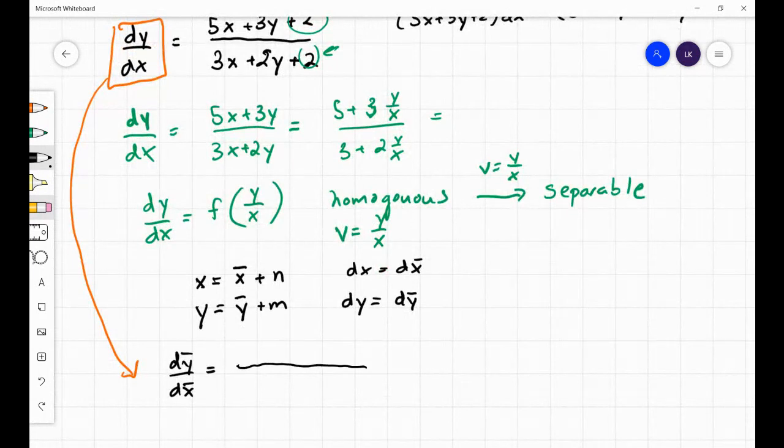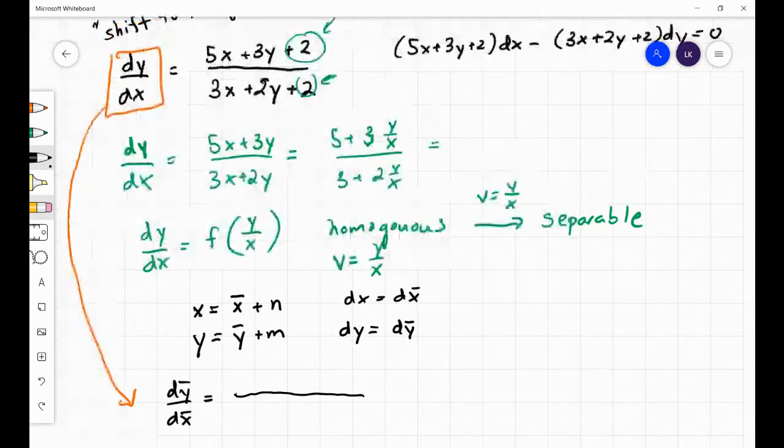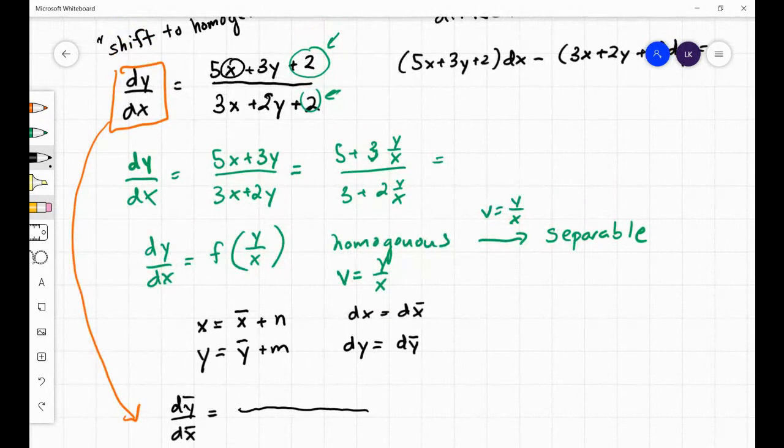on the right-hand side, we simply do a direct substitution for x and then y. So we get 5 times x, which is now x bar plus n, plus 3 times y, which now is y bar plus m, plus that 2.